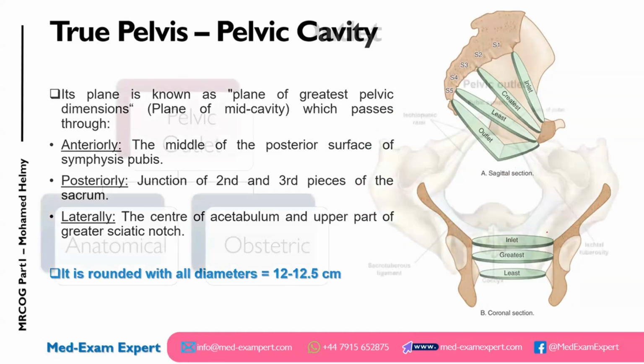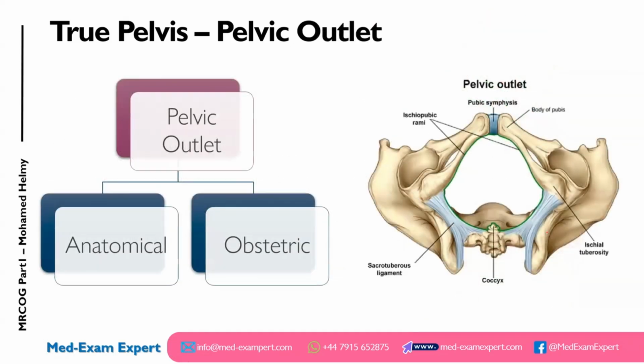What about the pelvic outlet, the last part of the pelvis? We have two parts of the pelvic outlet: one is anatomical and one is the obstetric outlet. What is the difference between them?